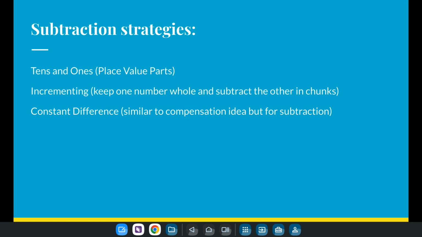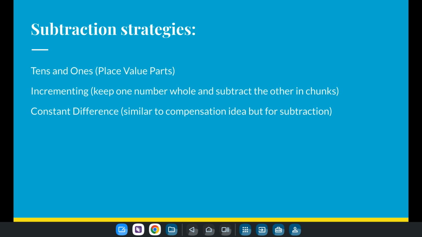So we're going to jump into some subtraction strategies. All the strategies that we're going to talk about today fall into one of 3 categories. They're either a place value parts category. In this case, your kid's school might call it tens and ones, or they might call it place value or something like that. But it's where we're going to break up and subtract each of the place value parts.